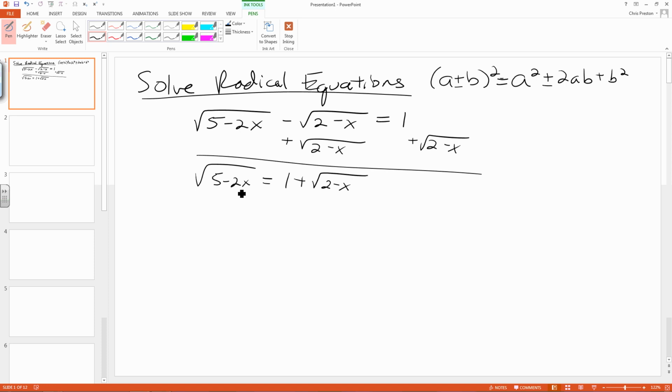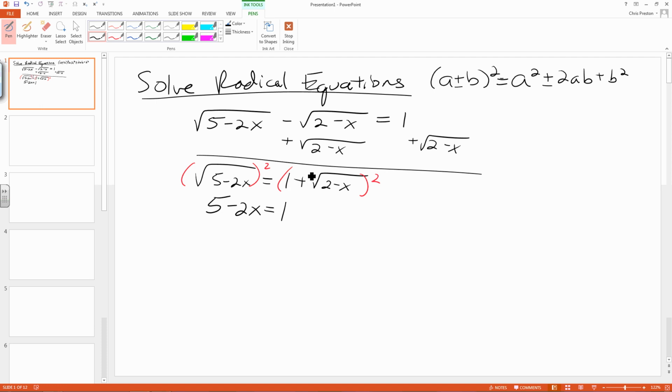Then to get rid of this square root, I'm going to square both sides. On the left-hand side, that's going to work out nice. It's just going to get rid of the root and give me 5 minus 2x. But on the right-hand side, I'm using this expansion that I said we need to do. So it's going to be the first term squared, so 1 squared.